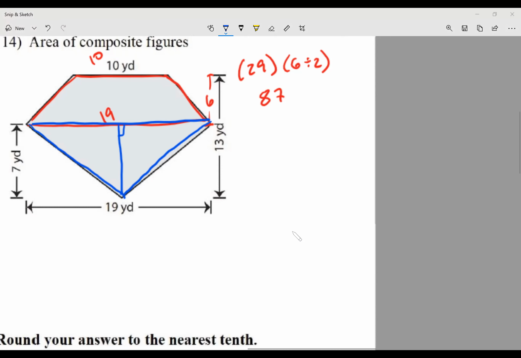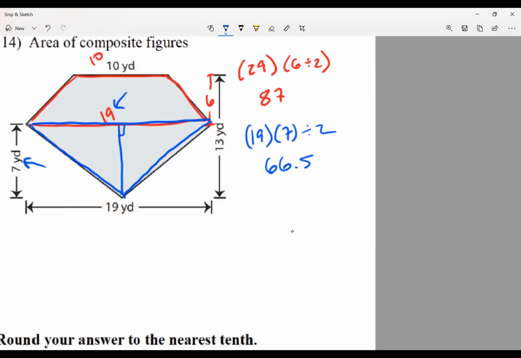So I'm going to go 19 times 7. You guys see where I got the 19 from? And I got the 7 from here. 19 times 7 gives me a rectangle, but because it's a triangle, let me divide this by 2. So 19 times 7 divided by 2, my triangle alone is 66.5.